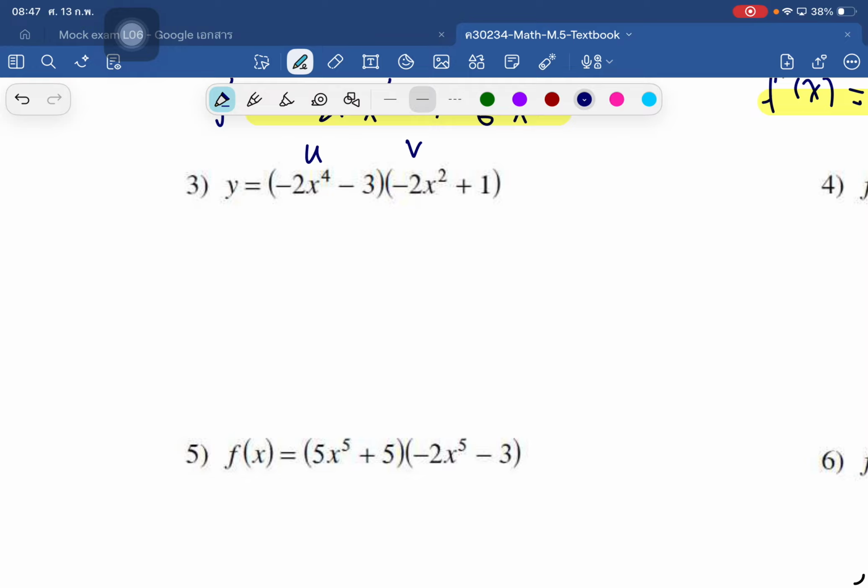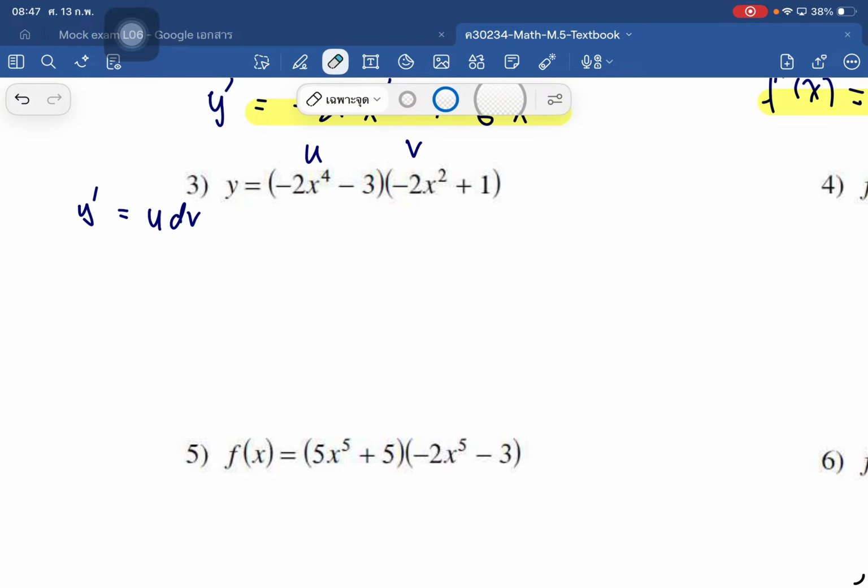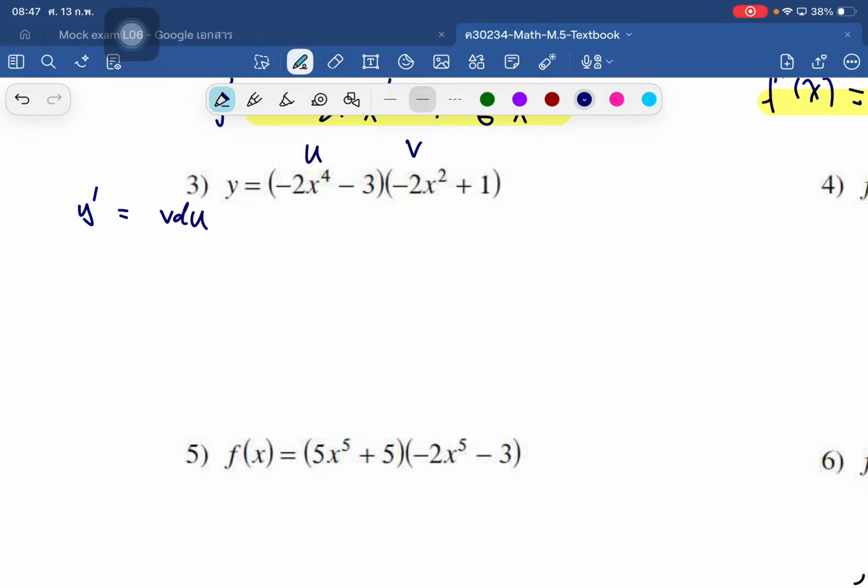I want to say f dash x is going to be u dv plus v du. Right. Then u dv this time, I got 2x to the 4 minus 3, and then dv, it's x squared plus 1 by dx, plus v du, x squared plus 1 and du of the u term, it's 2x to the power 4 minus 3.